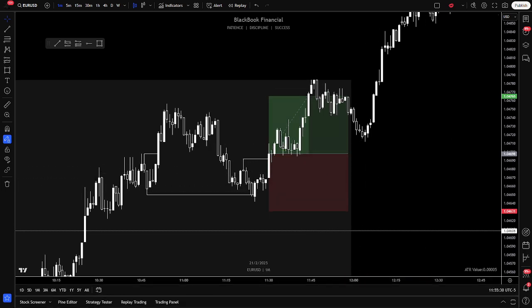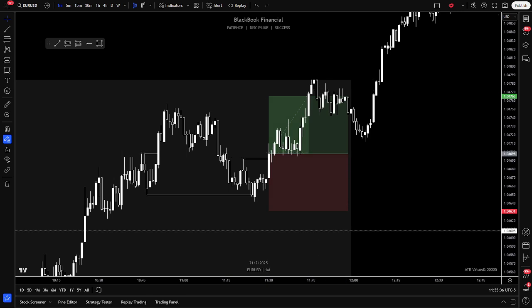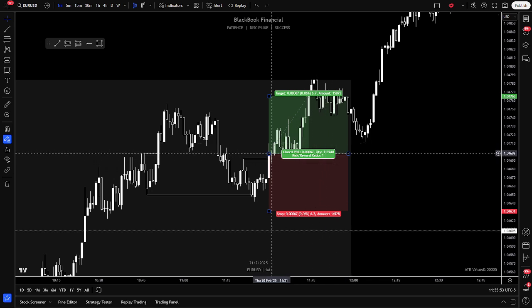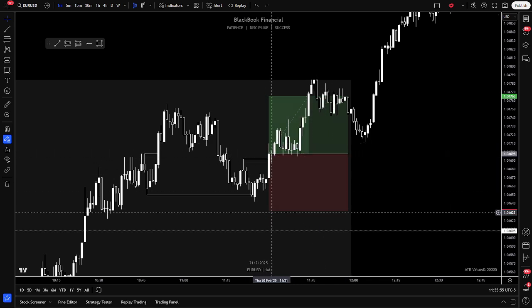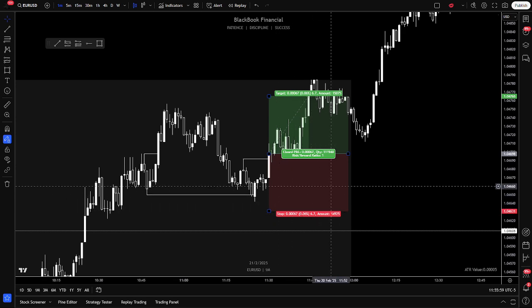We would pull up a calculator. We would do $100 divided by 67, the number of ticks, right? And this number that it presents us is 1.49 to risk that $100, right? 1.49 lots, standard lots, to enter here with our stop loss here and go for that $100 risk, right?